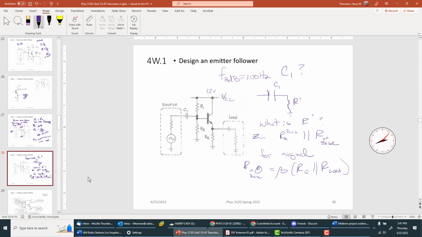So we have to do the parallel of 12K and 4.7K. I'll leave that to you guys. And that allows us to figure out what is the blocking capacitor.